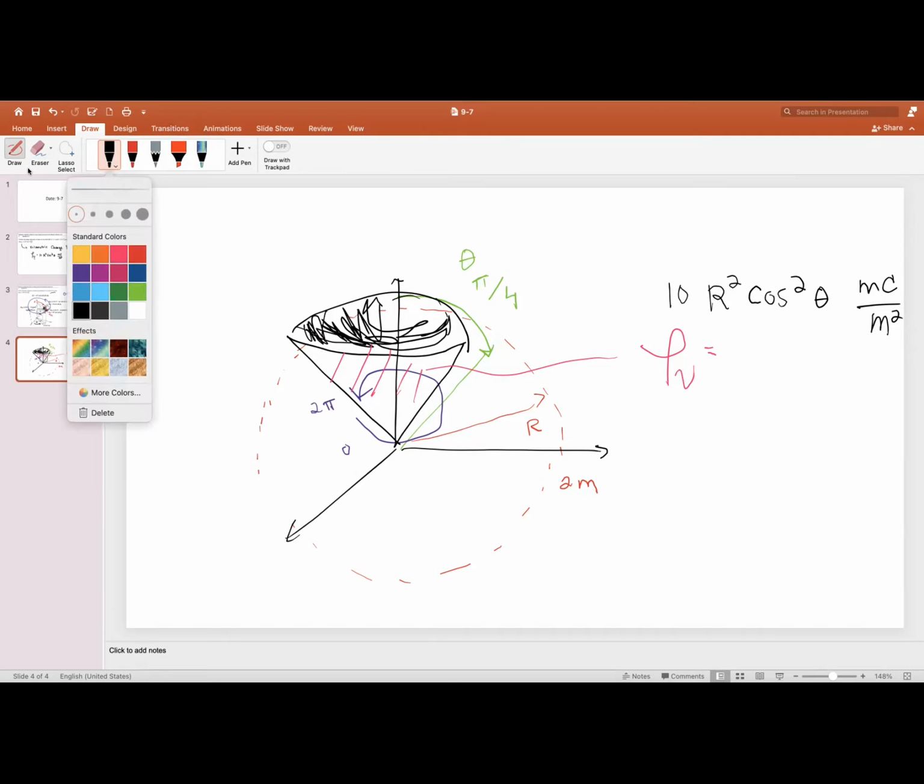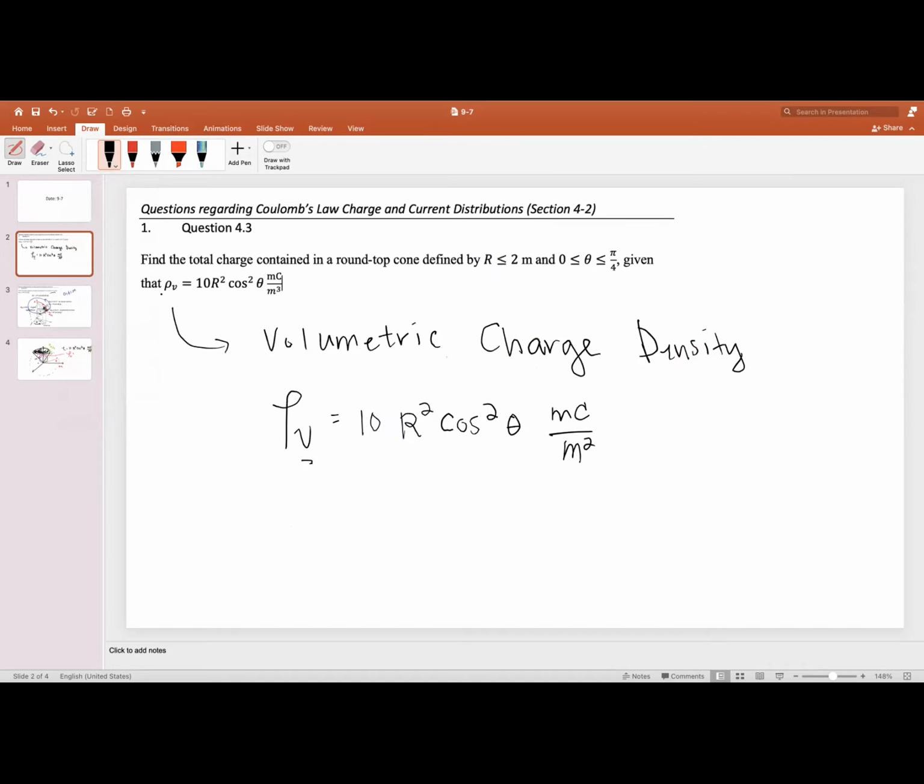So what kind of integral should we do in order to get that total charge? We have a density and we want to find the total charge contained. What type of integral should we do?